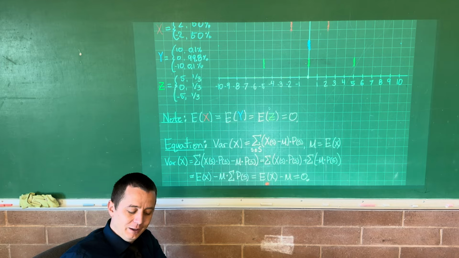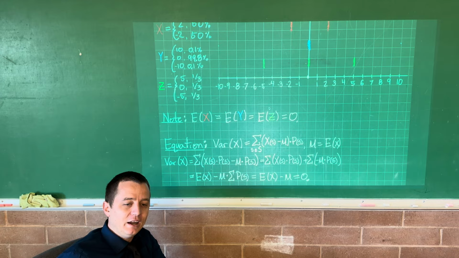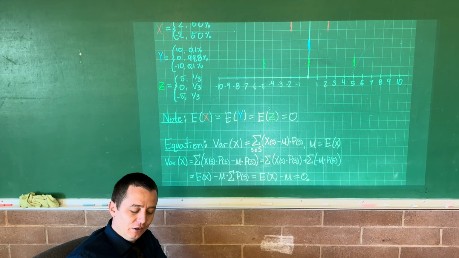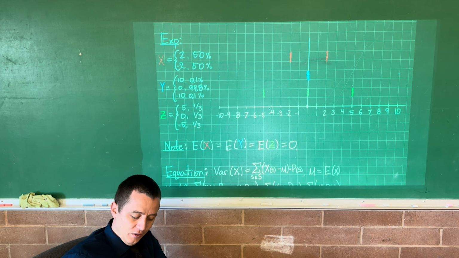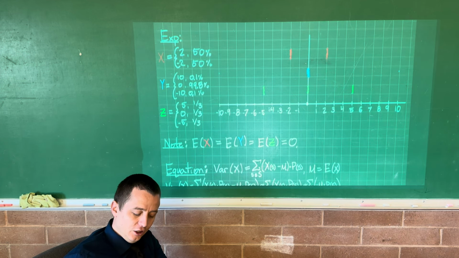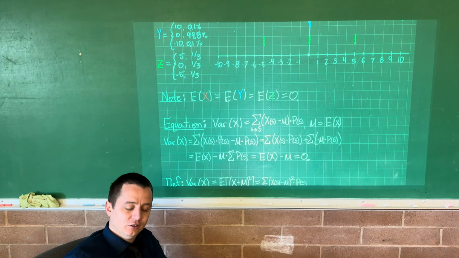So this is the expected value minus the expected value. It comes out to 0. Why did it come out to 0? Well, because every time I have a positive distance over here, I have a negative distance over here. And they're perfectly canceling each other out every time. This came out to positive 10, this came out to negative 10. And so this keeps coming out to 0. So you need to take the absolute value. So you'd have to take the absolute value if we want to use this thinking.